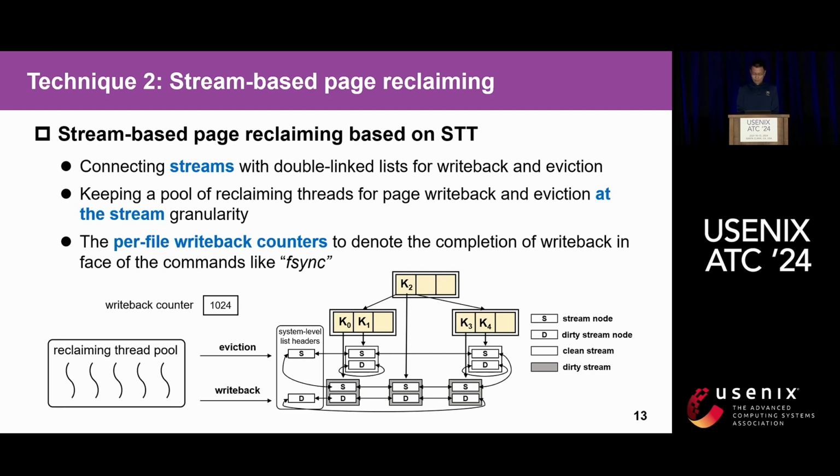For example, if the reclaiming thread submits 1024 dirty pages for asynchronous writeback, it increases the writeback counter by 1024 atomically. In the writeback completion function, the writeback counter is decreased atomically. The fsync command can return if all dirty pages in the target file are submitted for writeback and the writeback counter becomes 0.